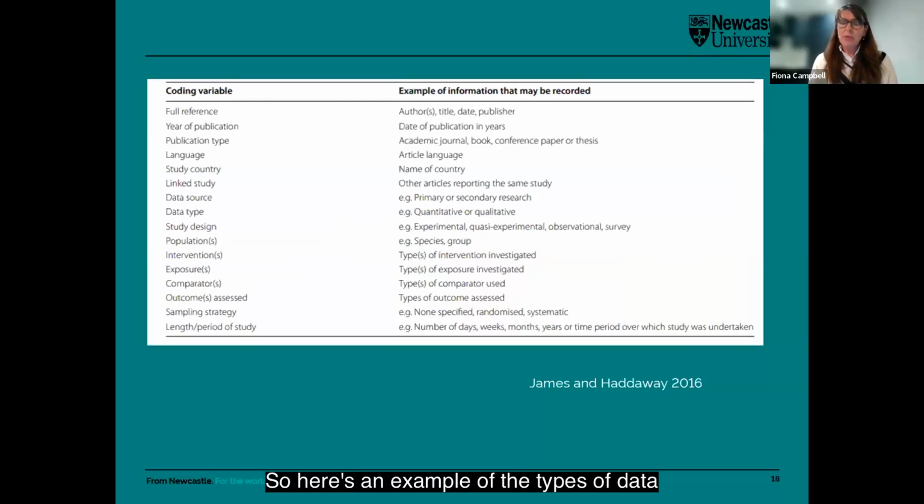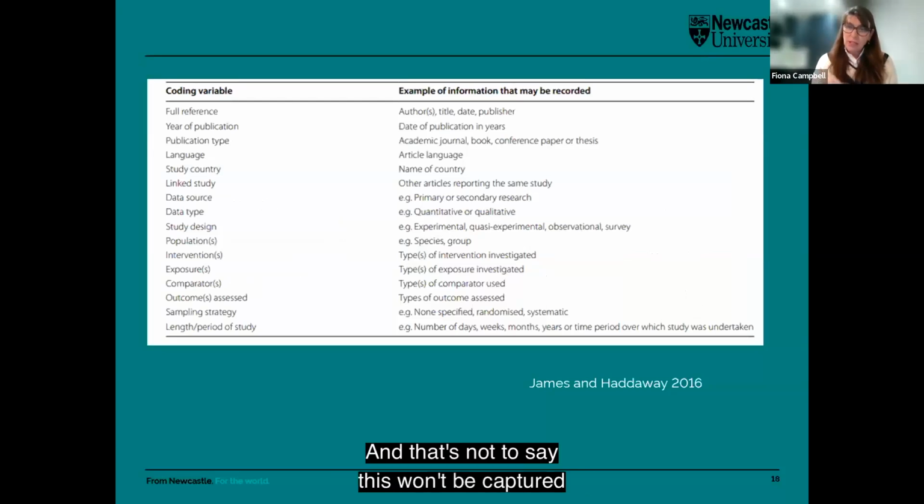So here's an example of the types of data that may be coded in a mapping review and an evidence gap map. That's not to say this won't be captured in a scoping review, it will be. But you can see that this is quite high level data, quite easily captured by looking at the data, and can also crucially be done really quite quickly.